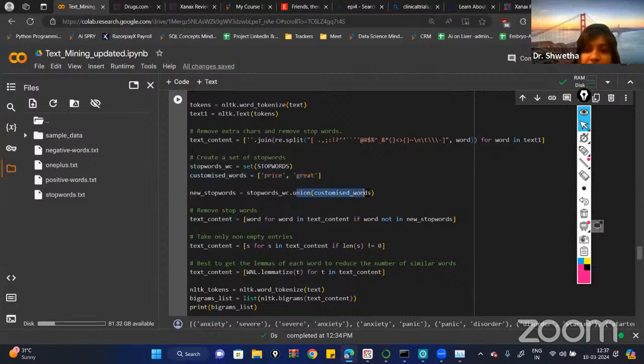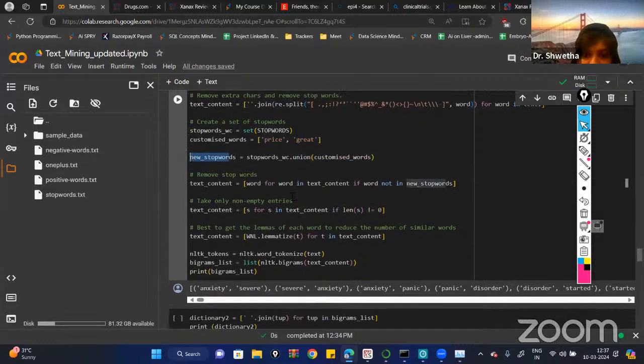So creating the union and putting it in new underscore stop words. After which you are taking all the words in text content. If those words are not in the stop words, then those words will be stored in text underscore content.